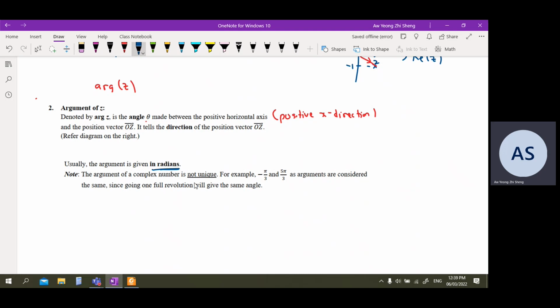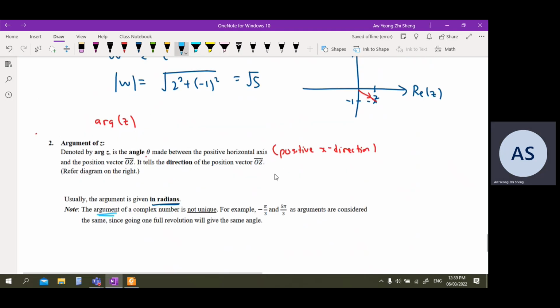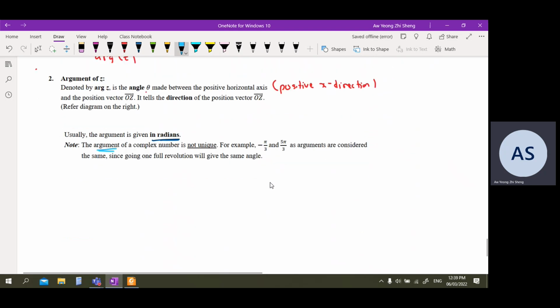Now, the argument of a complex number is not unique. For example, negative pi over 3 and 5 pi over 3 as arguments are considered to be the same. This is one thing you have to take note about argument. Argument is the angle measured from the positive x direction towards the vector representation of the complex number.